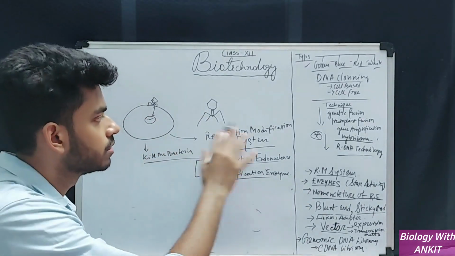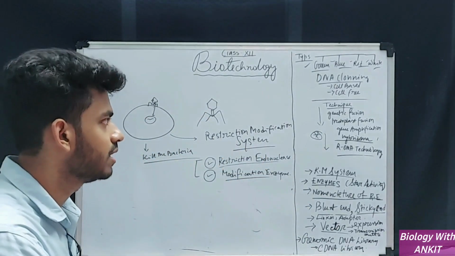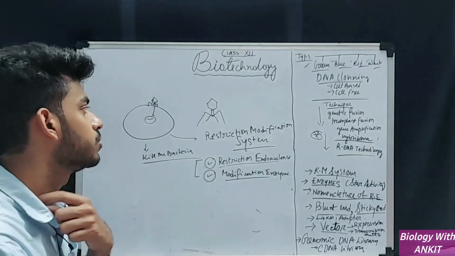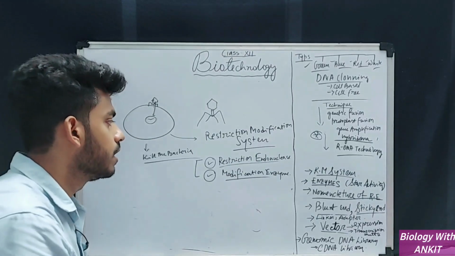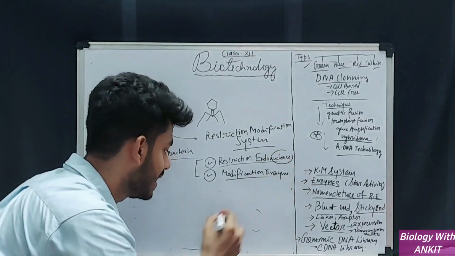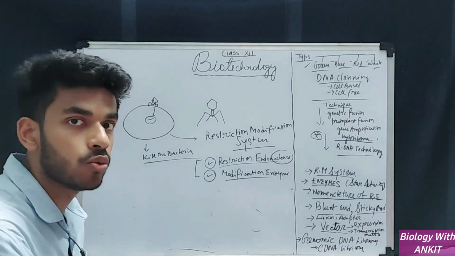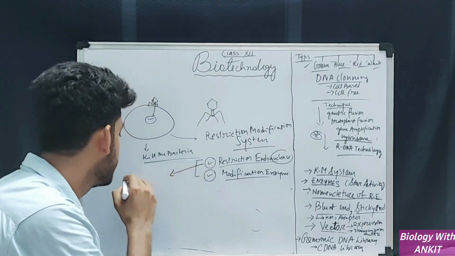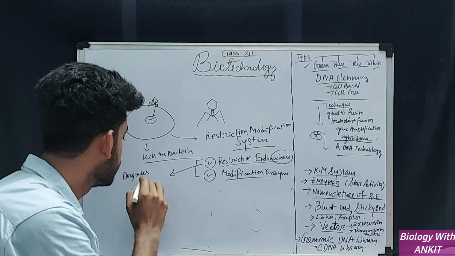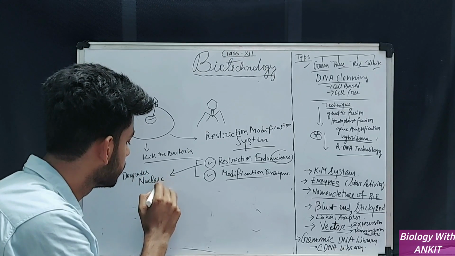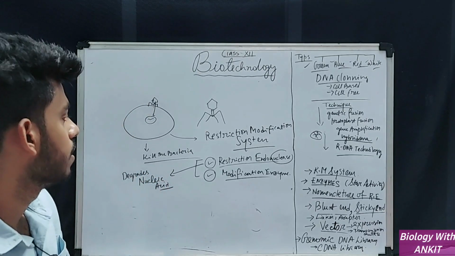Nobody will ask you how the RMS system works, but still, to understand the process we should discuss it. Endonuclease symbolizes any enzyme that can degrade a nucleic acid. So restriction endonuclease degrades nucleic acid.